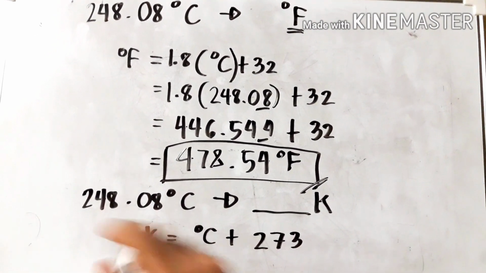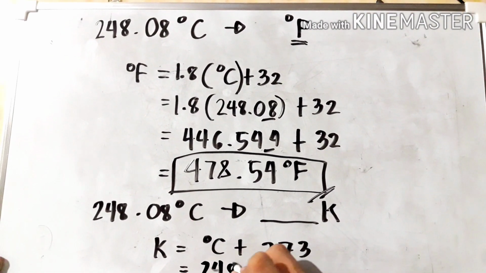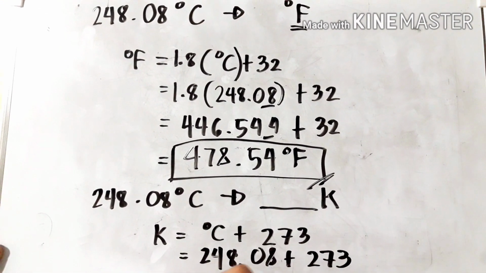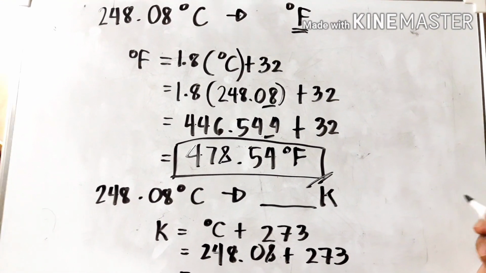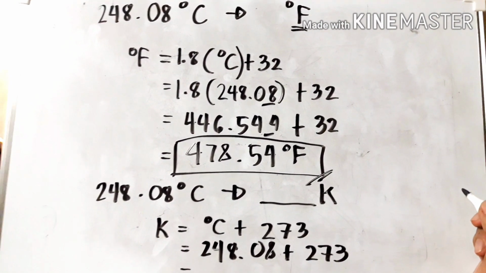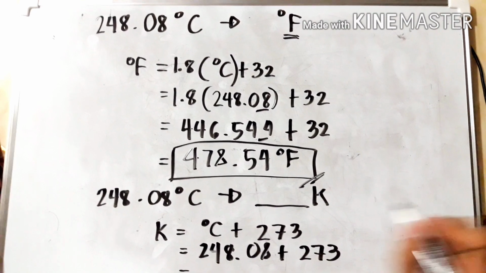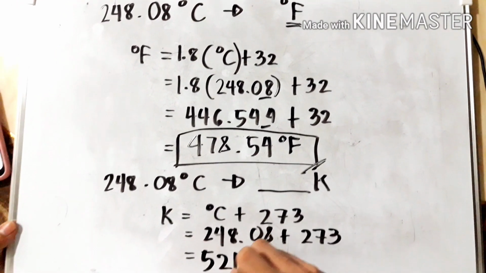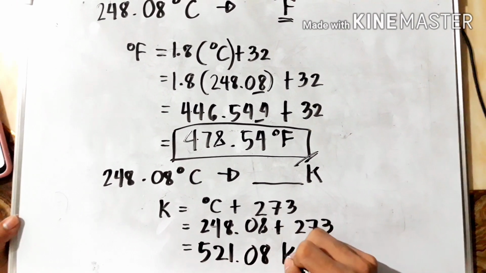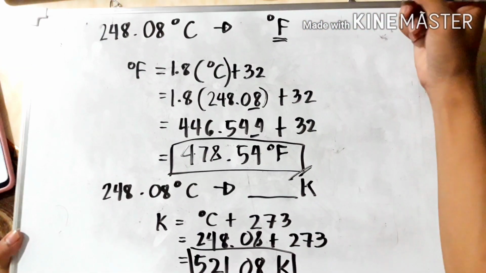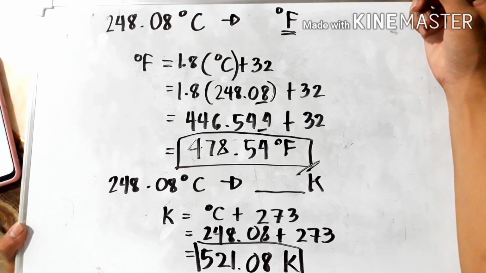Then, degree Celsius given 248.08 plus 273 is equal to, so if you add this, 248.08 plus 273, the answer is 521.08 Kelvin. So that is how you convert units of measures in temperature.